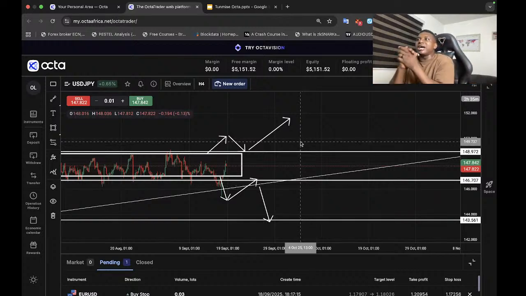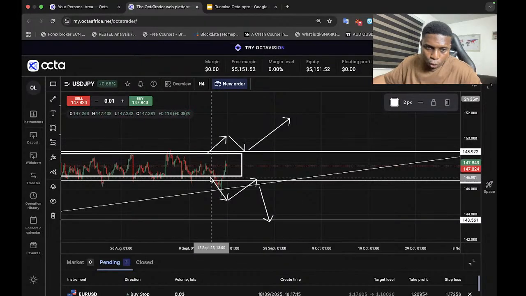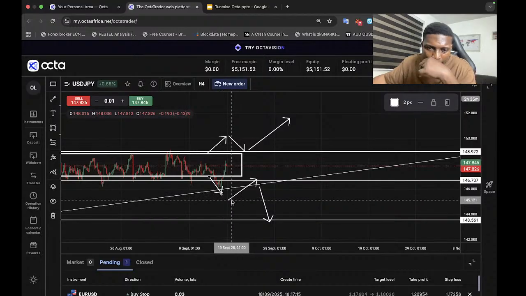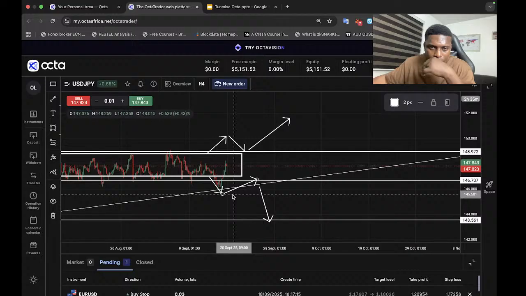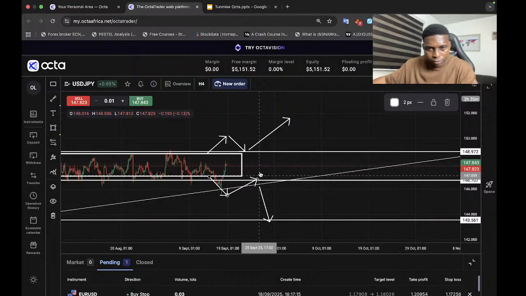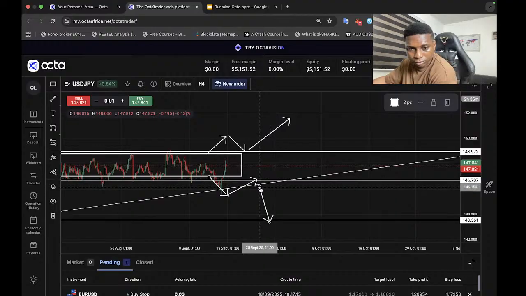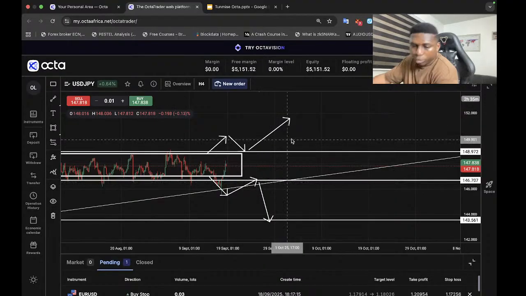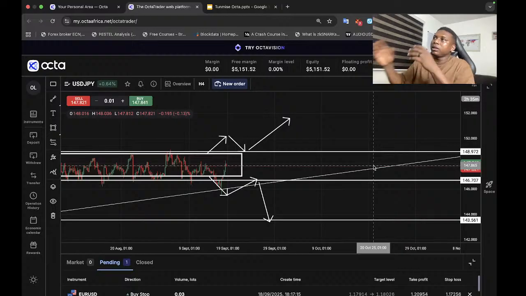So these are the two likelihoods, the two probabilities that can most likely happen.